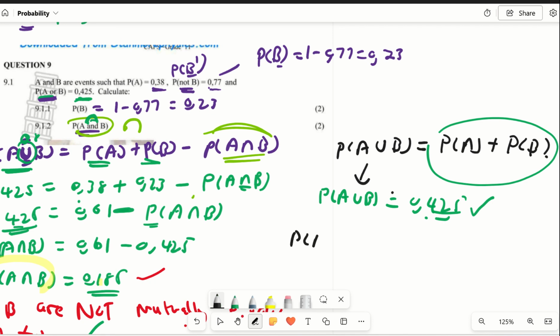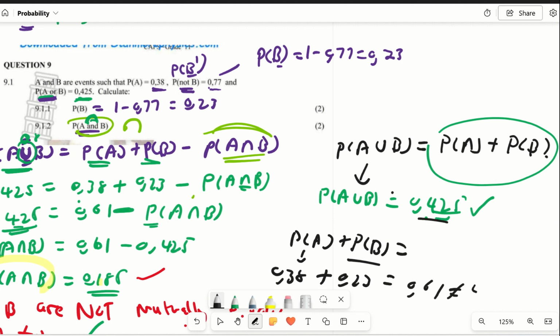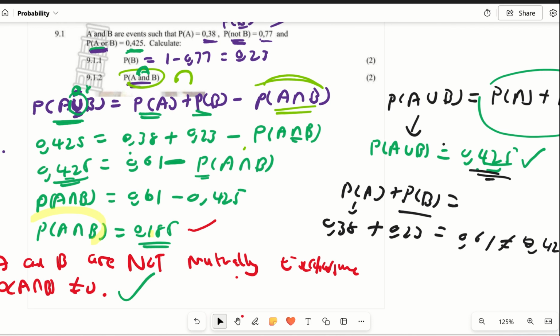If they do, then you can say that the two events are mutually exclusive. The probability of A is 0.38, while the probability of B is 0.23. This gives an answer of 0.61, which is not equal to 0.425 as expected. So therefore, the two events are not mutually exclusive.